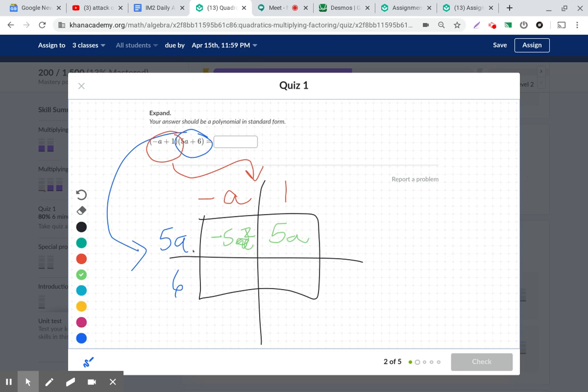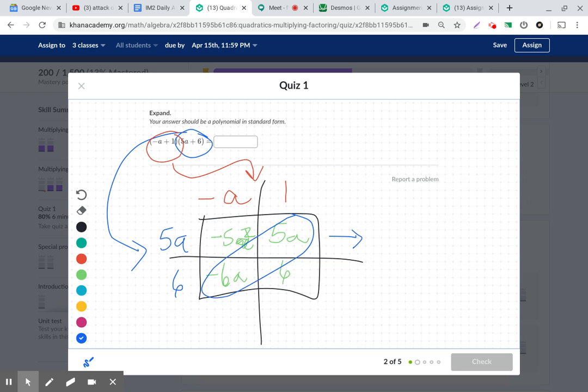Yeah, that looks messy. Negative 6a. 6. I'm going to combine these two.